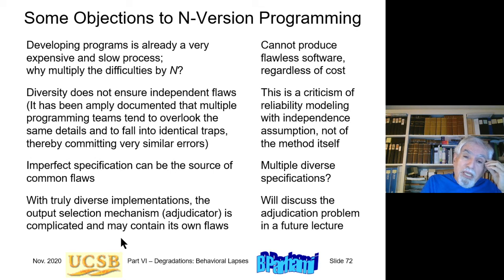And the unit at the end is usually called an adjudicator, not a voter, because voting creates the impression that it's a simple thing. We call it an adjudicator to convey the fact that there's more complexity in it than a simple voter.